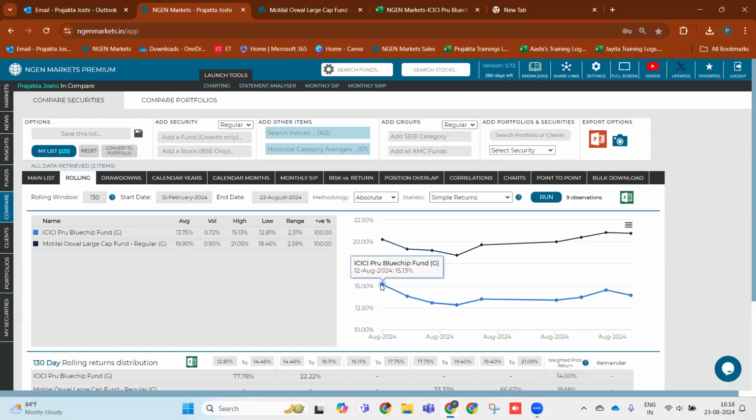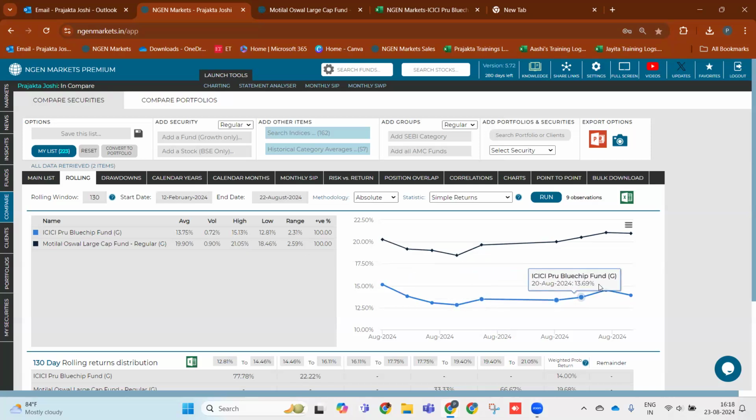If you hover on this particular point, that's if an investor would have invested immediately when it launched and held on for a period of 130 days, the return that he would have generated is 15.13%. Held on for 130 days, meaning till 12th of August 2024, because that is when 6 months elapse with respect to working days. On the other hand, the highest he would have generated is 21.05%.